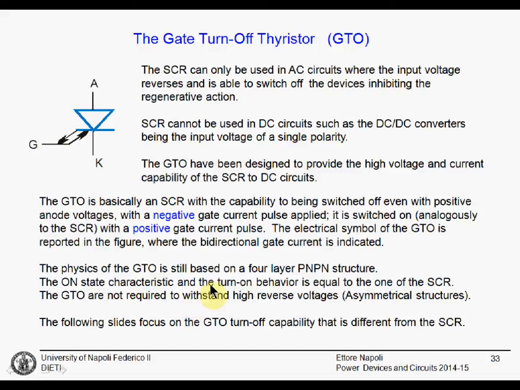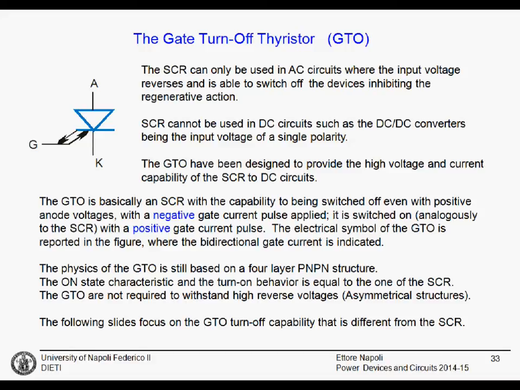Another important aspect is that the GTO does not require to withstand very high reverse voltages. This is common for an SCR that needs to support more or less the same forward voltage and the same reverse voltage working with AC voltage.